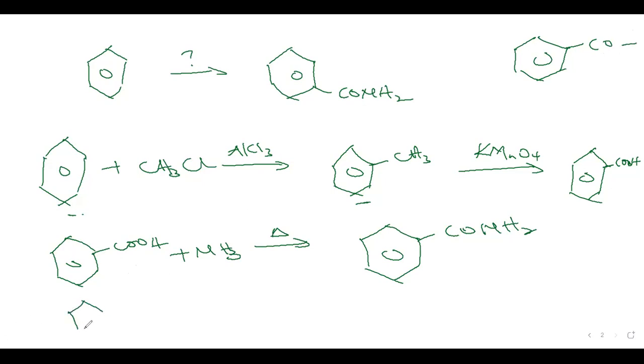The benzoic acid, COOH. Now we can add PCl5. That's one reagent. If you don't want to use it, you can use SOCl2. Don't use both of them, use one of them, right? This will give you your benzoyl chloride, a very reactive reagent.